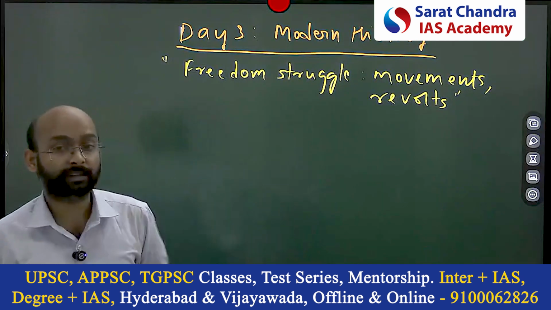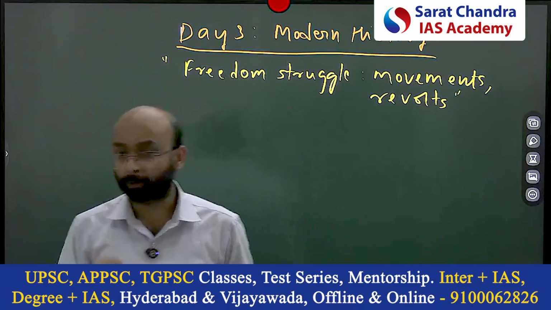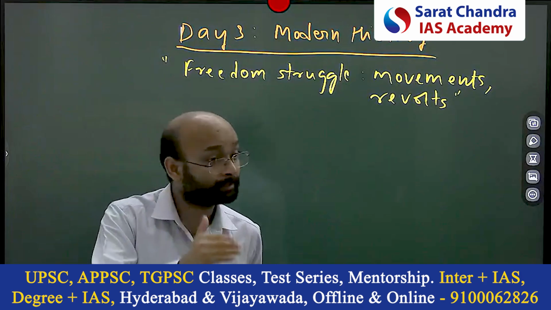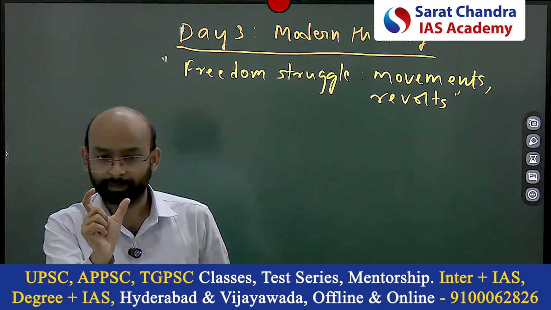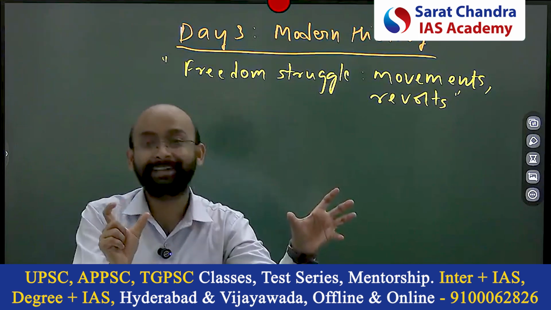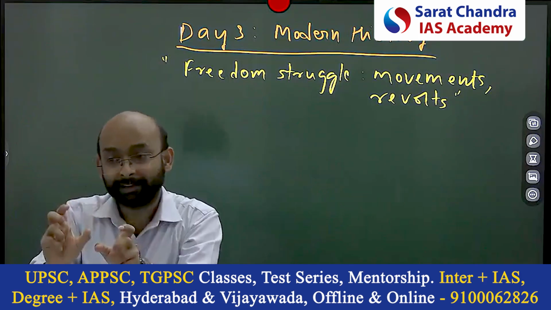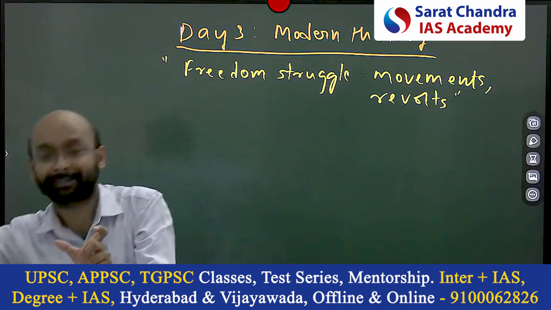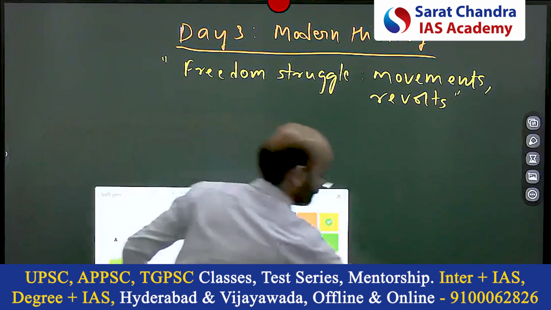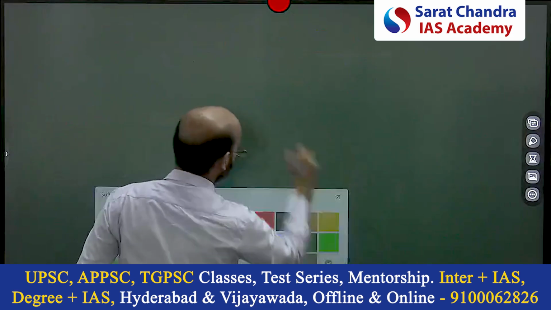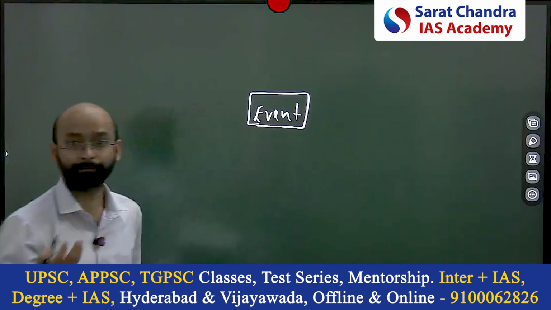right? You remember the first class of modern history, how we should see a particular topic. What I told, how to introduce one topic in the modern history. One way of introducing is take the event and see what was the preceding event. You remember what led to that event? Then this event led to what in the conclusion, right? Basically what we discussed was, if any event, mostly what UPSC is asking, the major event means, let's say, the movement.